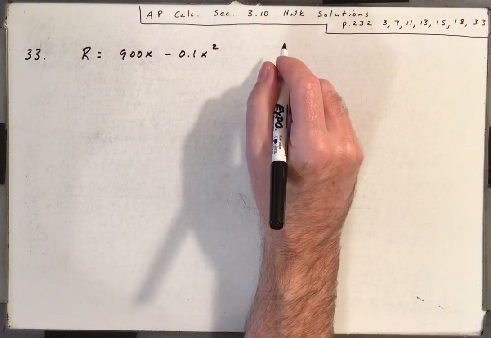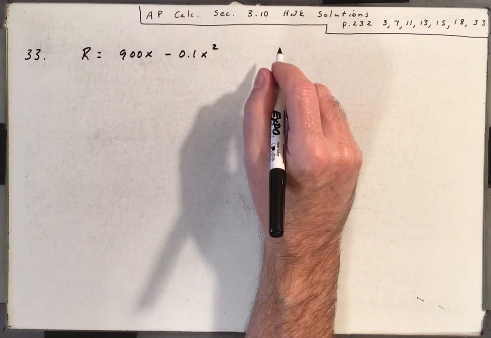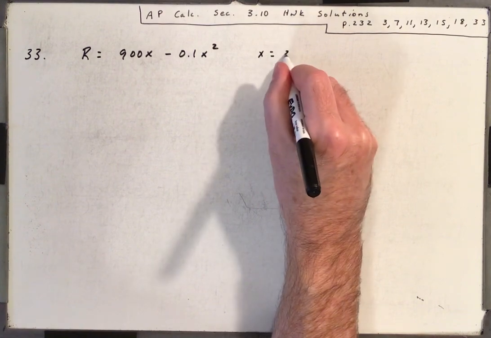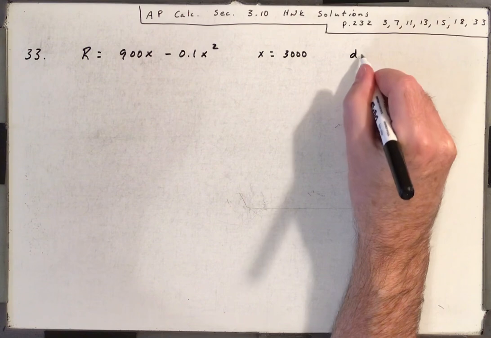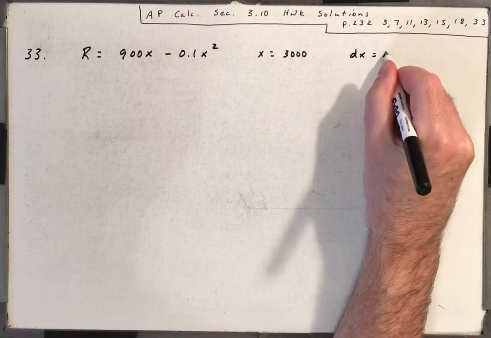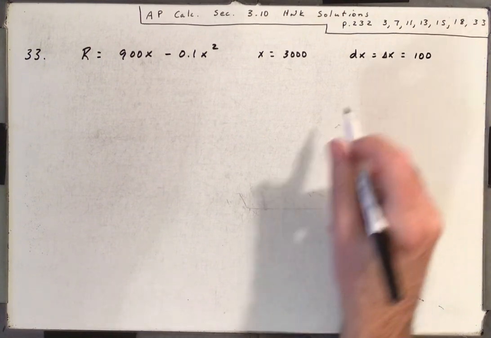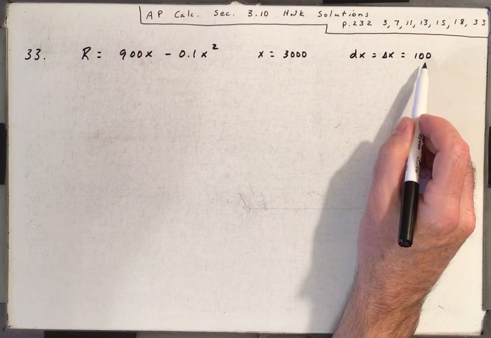Okay, and it says use differentials to approximate the change in revenue if sales increase from 3,000 to 3,100. So x, our initial x is 3,000. If it goes to 3,100, that means dx, which is just delta x, is 100. Going from 3,000 to 3,100, that change in x is 100.